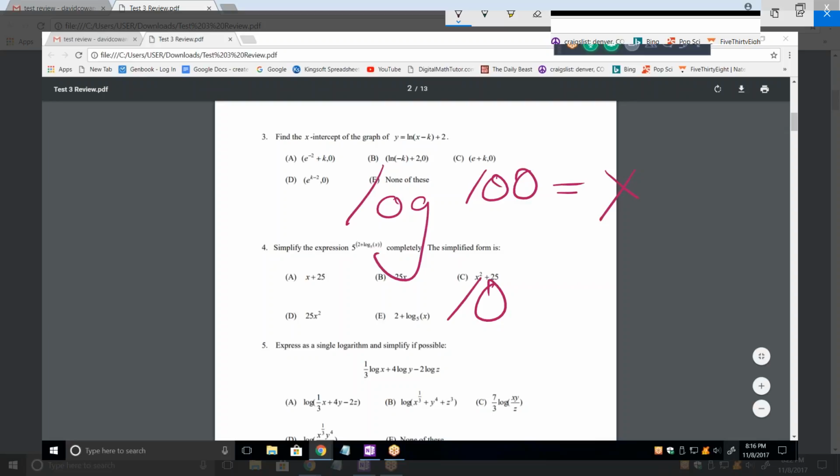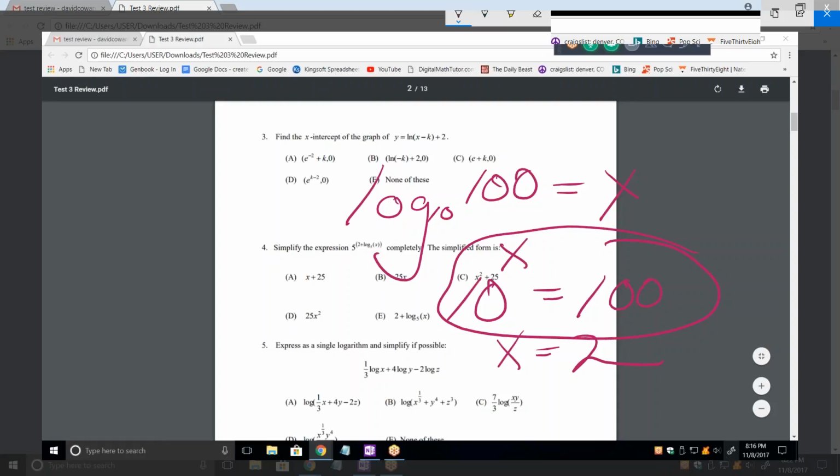Raised to what? To the x equals 100. And x again is 2. In other words, by putting it in exponential format, we're able to solve it easily, even though that 10 is hidden. Okay, now let me just give you one going the other way.